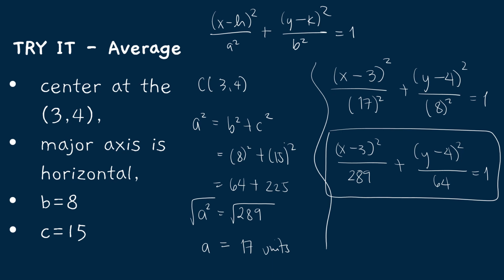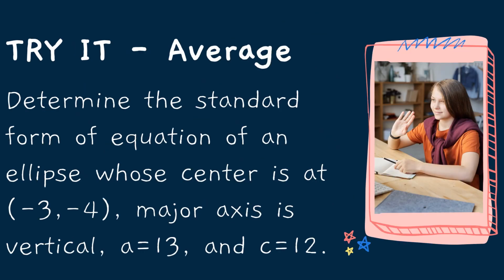Okay, so proceeding to example number 4, let us have: determine the standard form of the equation of an ellipse, this time whose center is at (-3, -4), whose major axis is a vertical major axis, and a is 13, c is equal to 12.